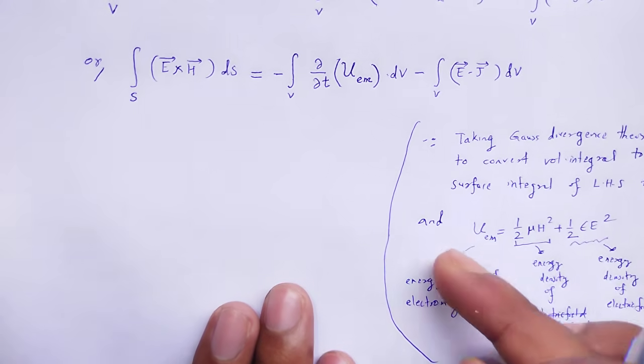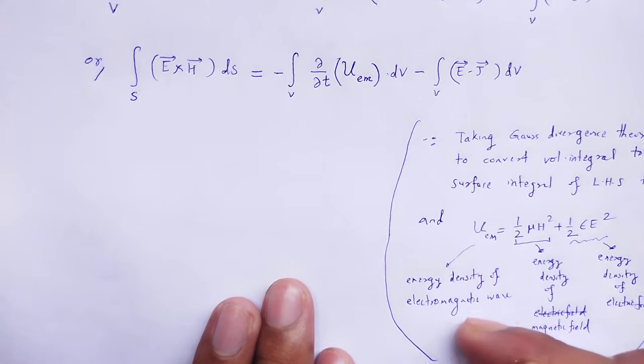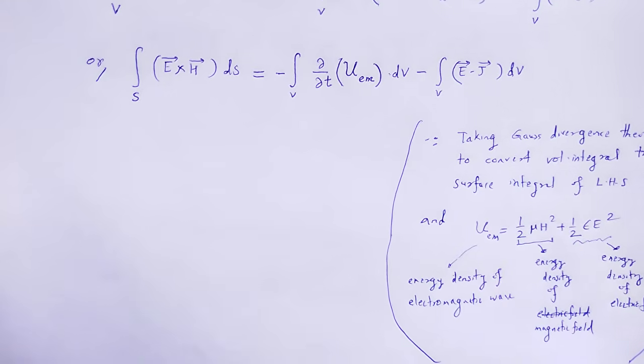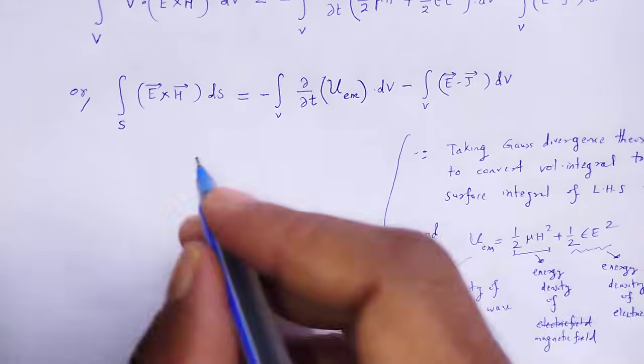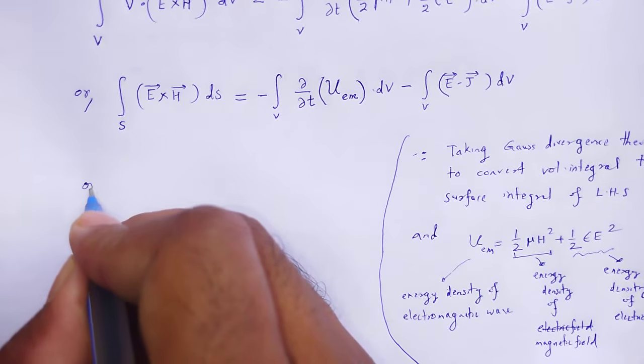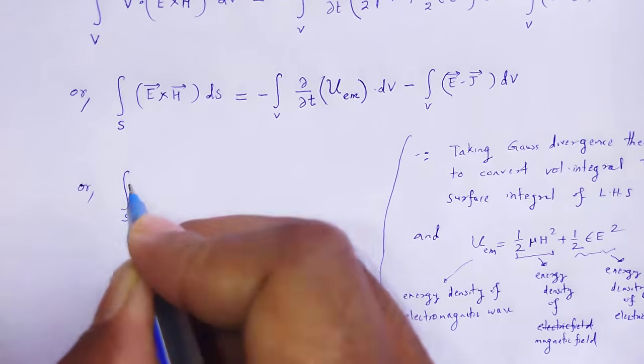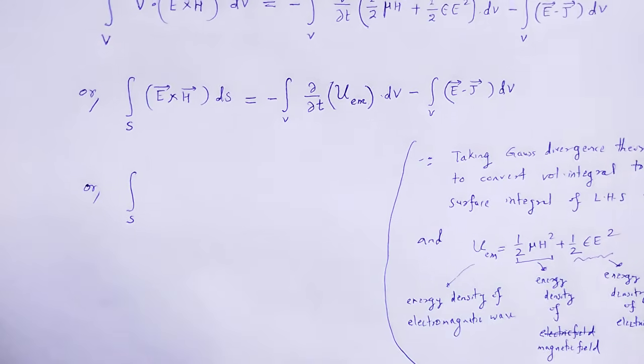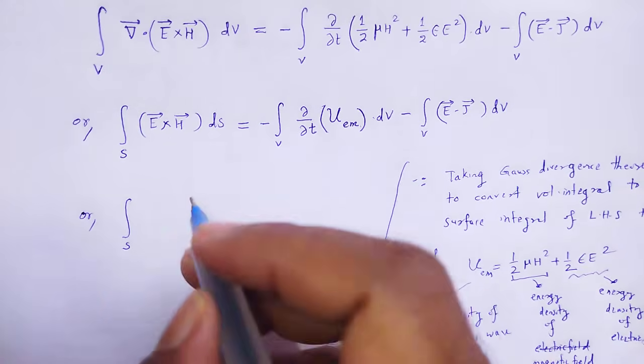The energy density term U of E m is the energy density of electromagnetic wave. For the surface integral, E cross H vector, first we define E cross H vector, that is the Poynting vector.